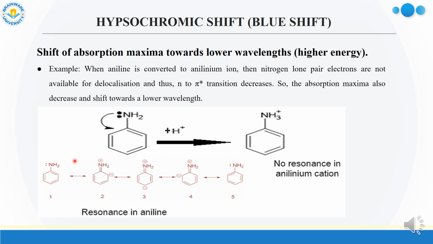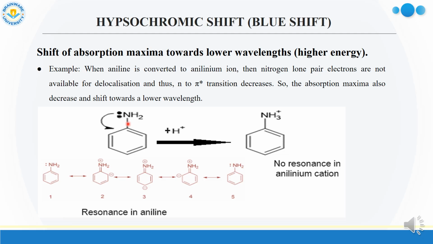Next, blue shift or hypsochromic shift. Blue shift means shifting of absorption maxima towards lower wavelength. Lower wavelength means higher energy. There is an example. Suppose aniline, there is a lone pair on nitrogen.